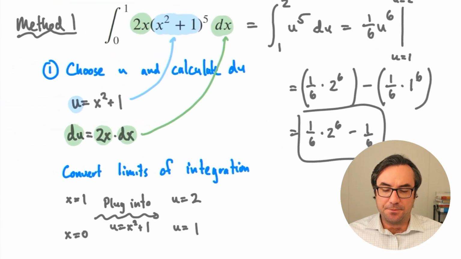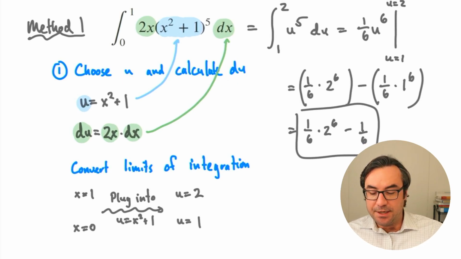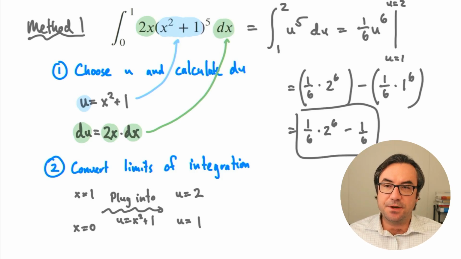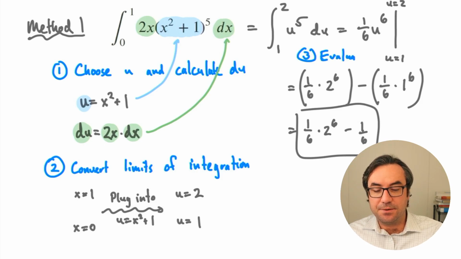So what did we do here? We started off with our regular substitution rule. So step 1, choose u, calculate du. But now we converted our limits of integration. And then the third step was to get the antiderivative.